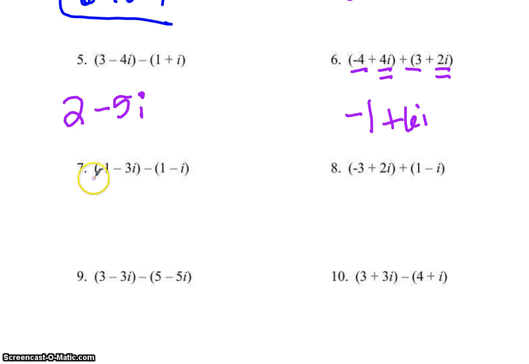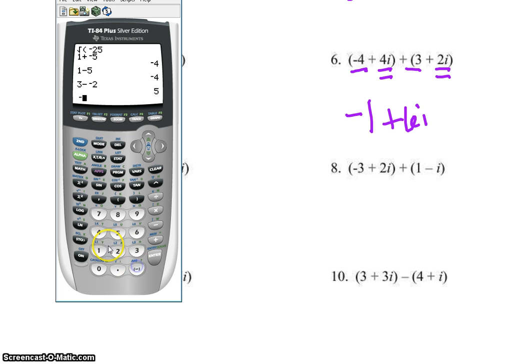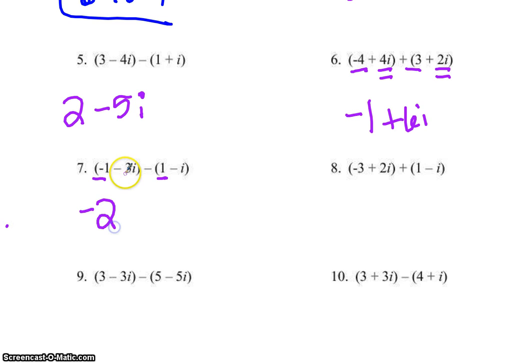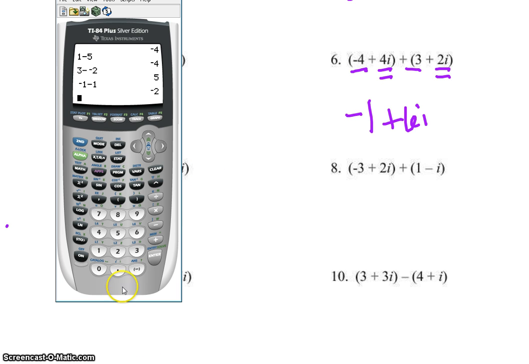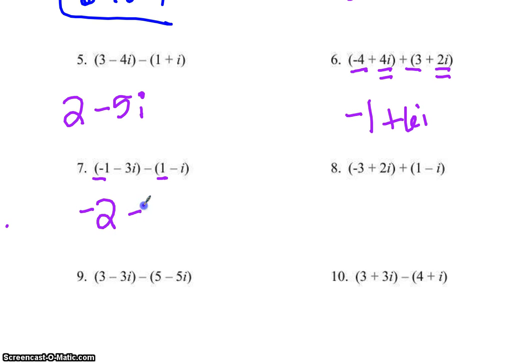Number 7, you're going to say -1 minus 1, and you get -2. So -2, and you have -3 minus -1. And you get -2, so you would say minus 2i.